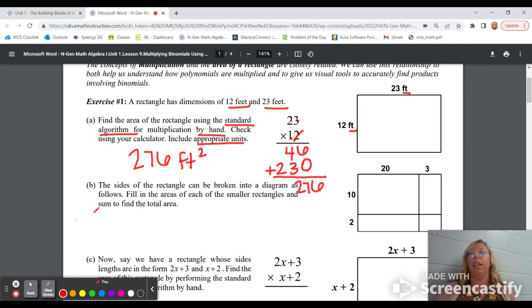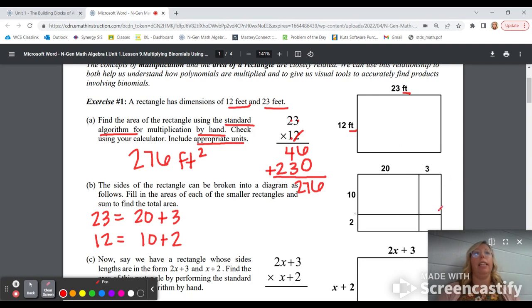So what we need to understand for area models is that 23 can be broken down into 20 plus 3. And 12 can be broken down into what? 10 plus 2. And that's what's happening here on this area model. They have taken the 23 and broken it into 20 and 3, and the 12 into 10 and 2.